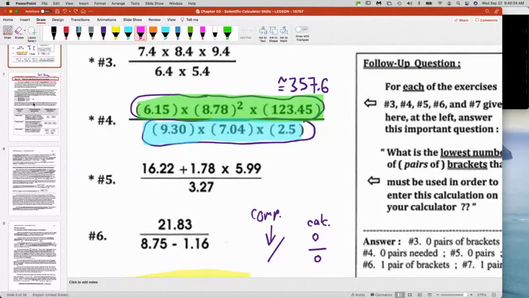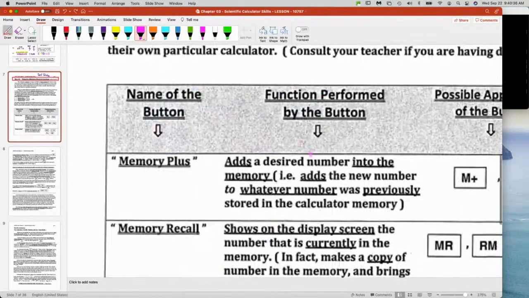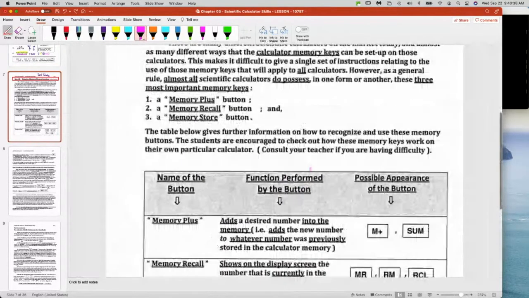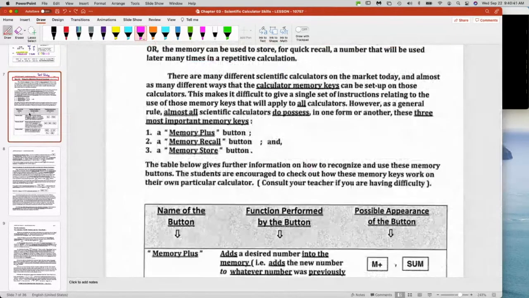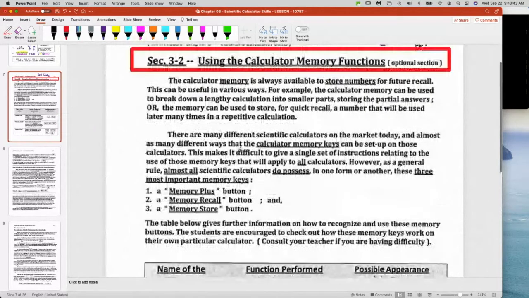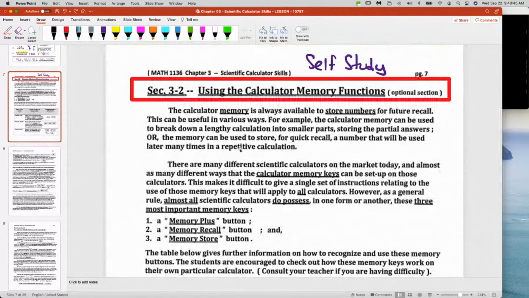Okay, so I'm just going to mention something here on page 7. Now this one here I'm skipping because not everybody has this on their calculator, and it's not really going to change anybody's learning experience. Some calculators have memory buttons, so you can take a number and temporarily store it. Some calculators don't. So whether or not you are familiar with the memory feature on your calculator, it's really specific to your calculator and may not even exist on your calculator.